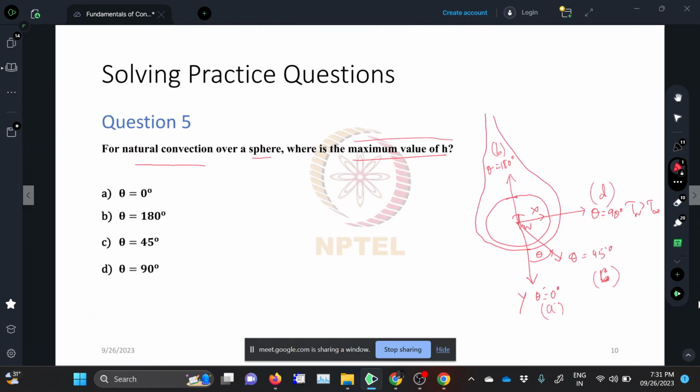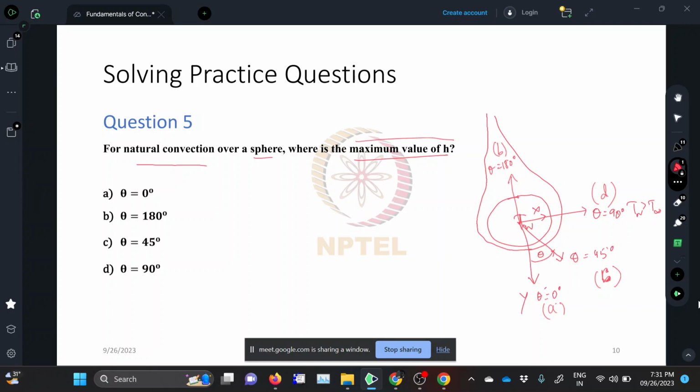So I'll go back to my figure here and see. For option A, the boundary layer thickness over here is the minimum, and for this one, it's the maximum, and these two are intermediate cases. So this delta being less would mean the value of H being higher, because the temperature gradient would be higher.